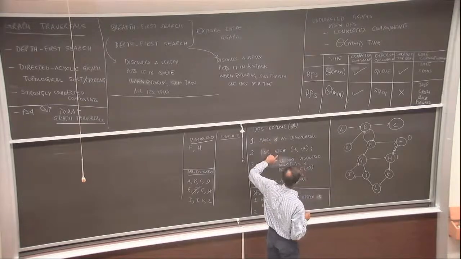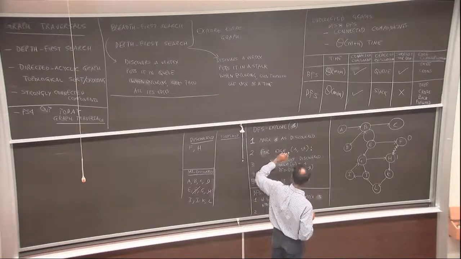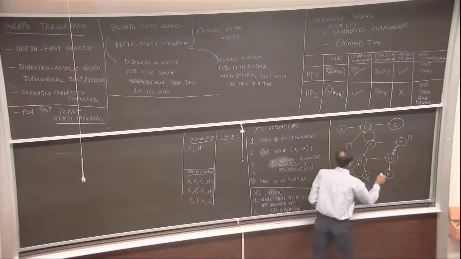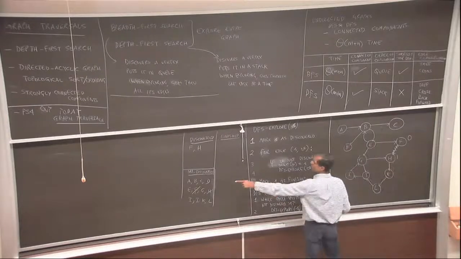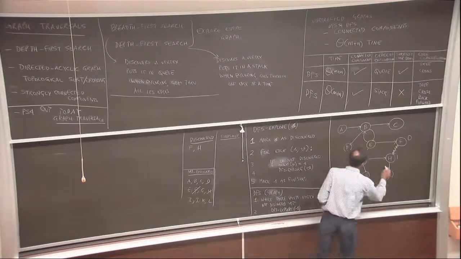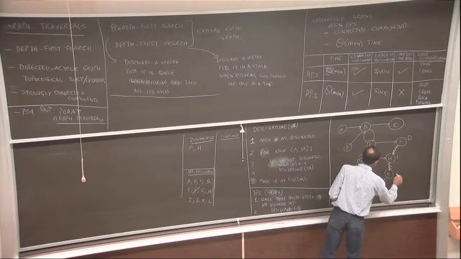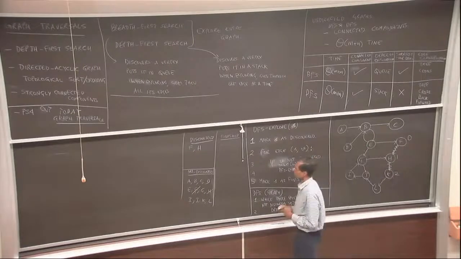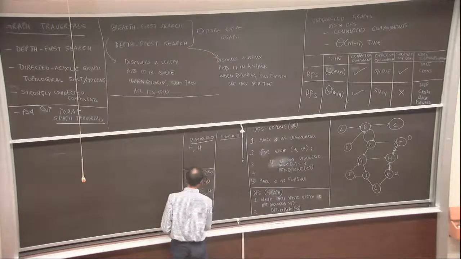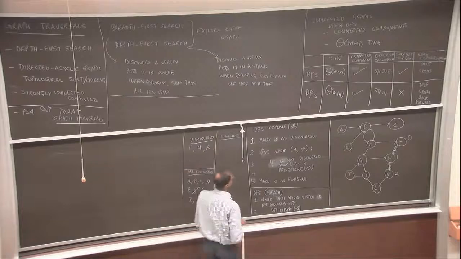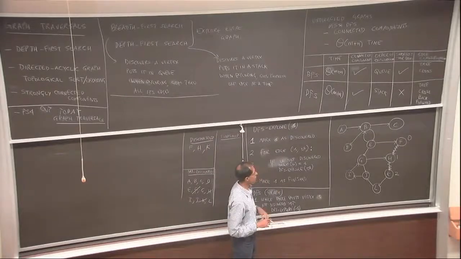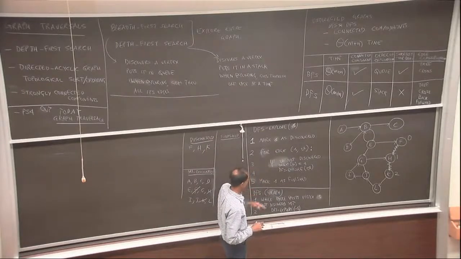For each edge going out of H, there is only one edge going out of H, which goes to K. We check whether it's not discovered. K is not yet discovered. So we have an edge between H and K, and we mark that edge separately.